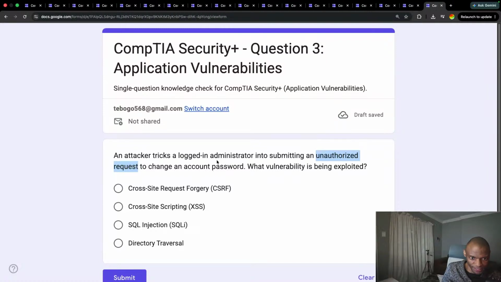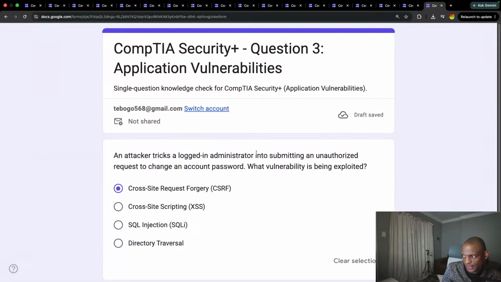To be able to answer this question, you need to know all of these options and what they mean. The correct answer is the first one, cross-site request forgery.